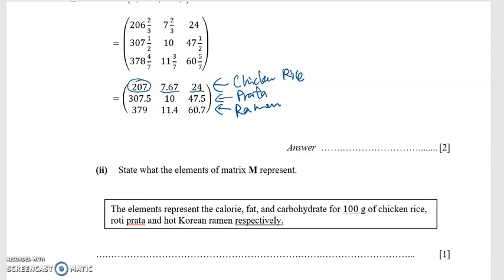It's very important that it's 100 grams because initially the information in matrix A was for different serving sizes. So now we have changed it to 100 grams, then we can compare across chicken rice, roti prata, and hot Korean ramen. Let's go on to the next part.